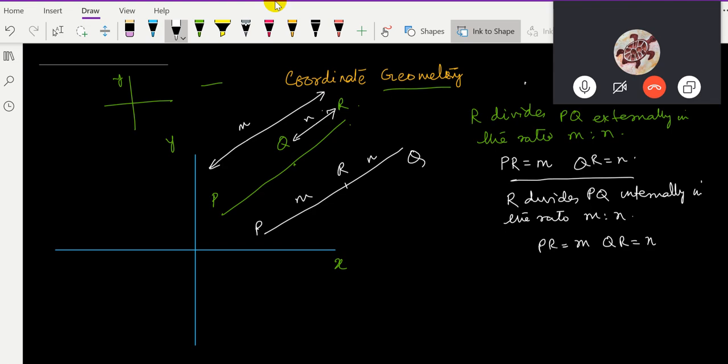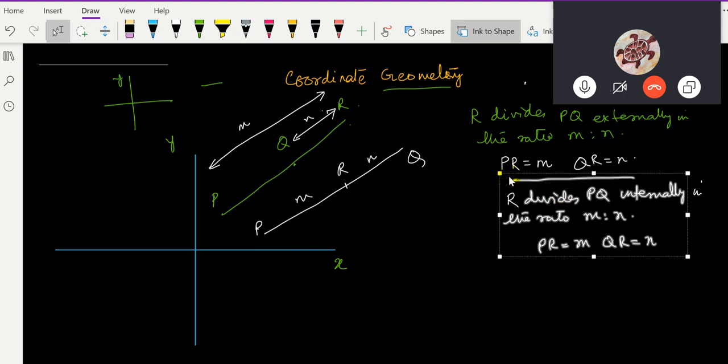The distance PR is m in both cases and the distance QR is n in both cases.